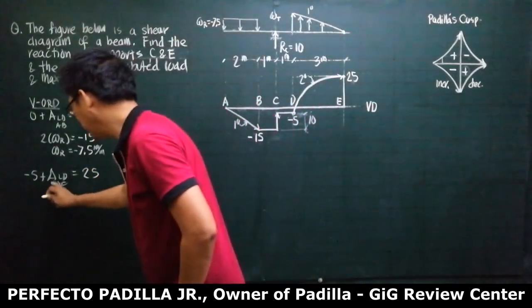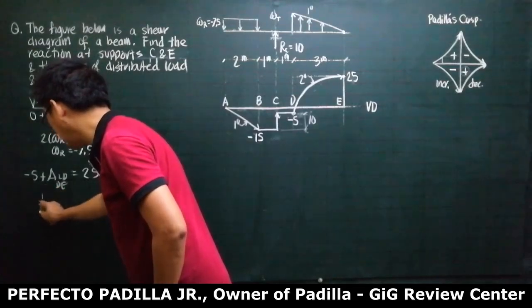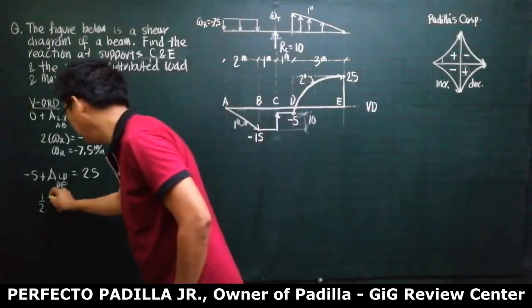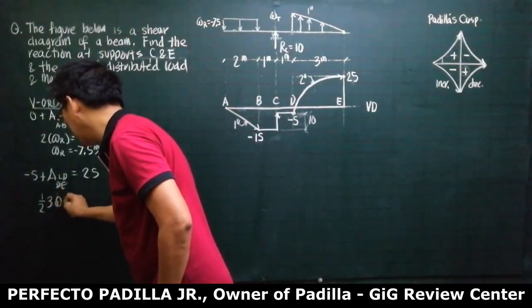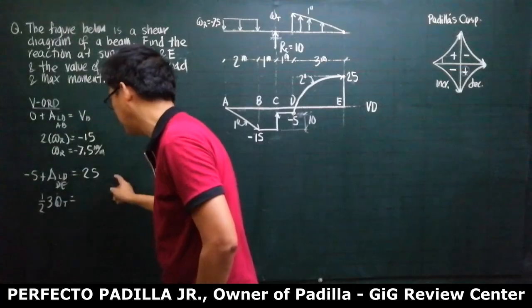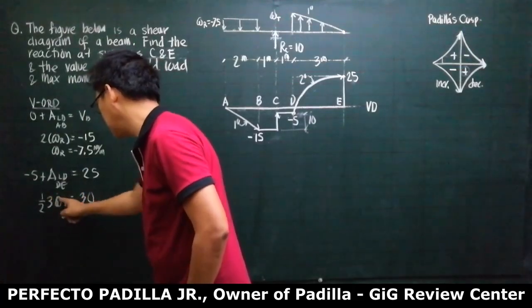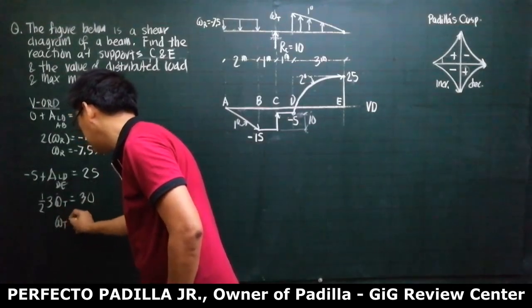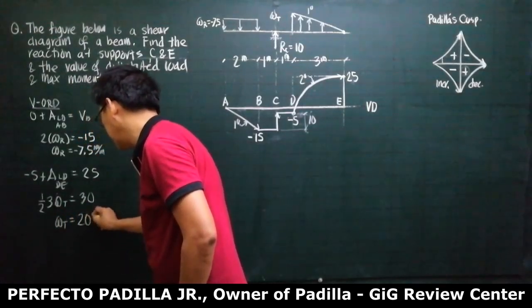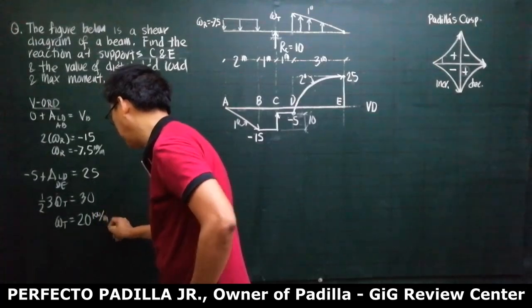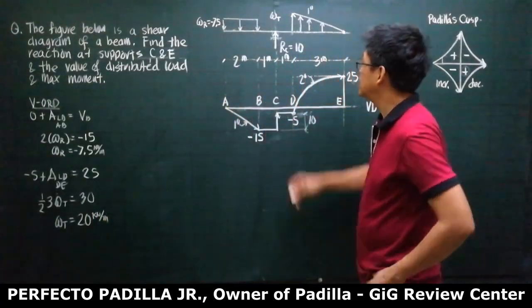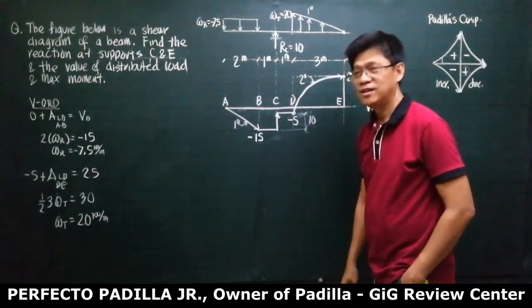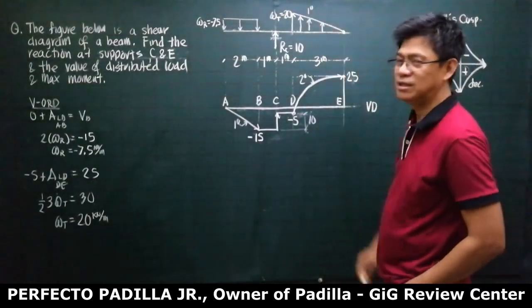So the area of the load diagram is a triangle, 1/2 of 3 by WT is equal to 25 plus 5, 30. 30 over 3, 10 times 2. WT is 20 kilonewtons per meter. Okay? So this is equal to 20. Right? So we are done with the load diagram.